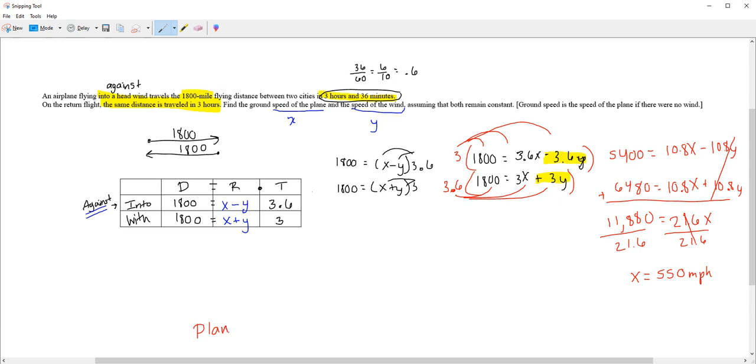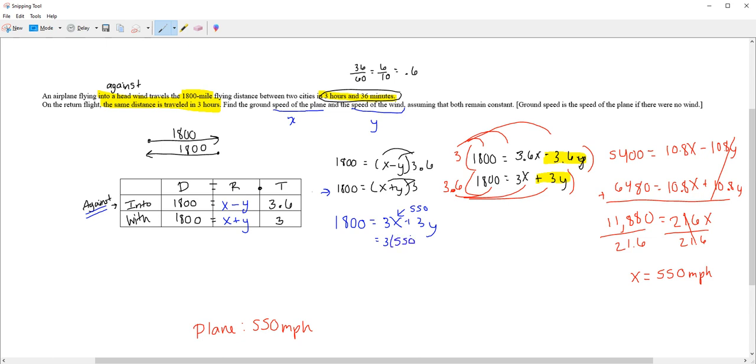So our plane is 550 miles per hour. Now to find the speed of the wind, we can plug that back into any one of these equations. I'm going to plug it back into this one because it's smaller numbers and it's got addition. I'll do it when it's distributed. I have 1,800 equals 3x plus 3y, and we're going to plug 550 into this.